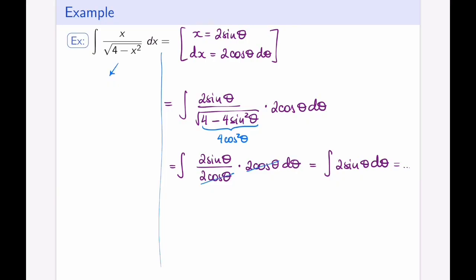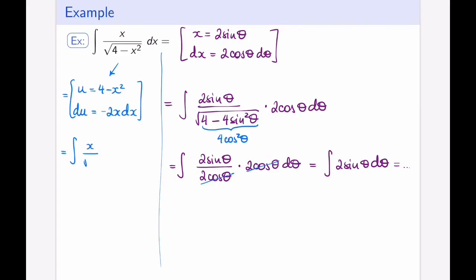So the other way to proceed here would be to let u be 4 minus x squared, then du is minus 2x dx, and then I can rewrite my entire integral in terms of that. So what am I going to have? On top here, I have x, so I can leave it as is in the first step.